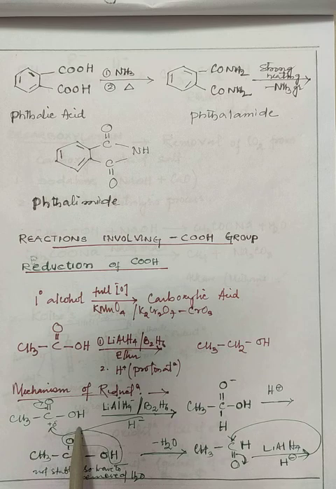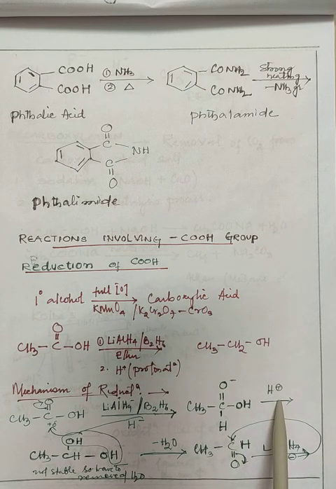Now here is the mechanism for the reduction. Acetic acid, then in acid medium, this one will have to connect, then after that we get this product, and in this product again we do reduction, hydrogen again, then protonation, then we will get this product.